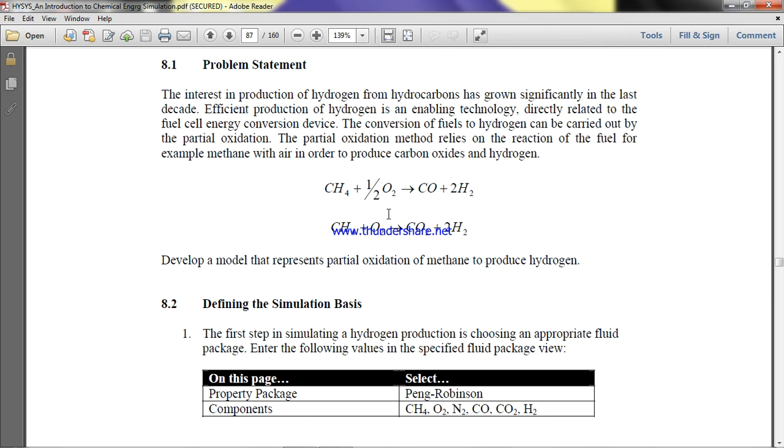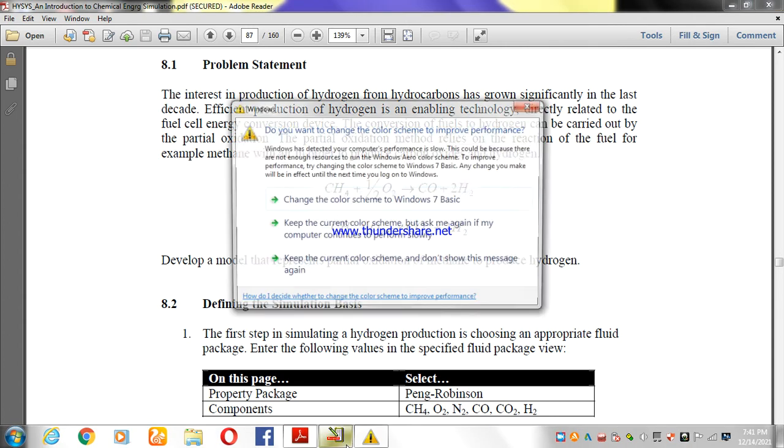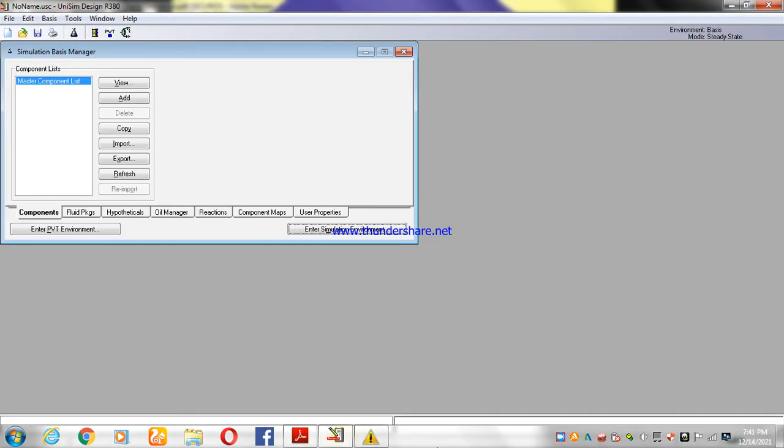You know, air is about 78% nitrogen and then 21% oxygen. So we'll need methane, oxygen, nitrogen in the air that we are going to use, carbon monoxide, carbon dioxide, and hydrogen. So let's go to UNISIM environment.